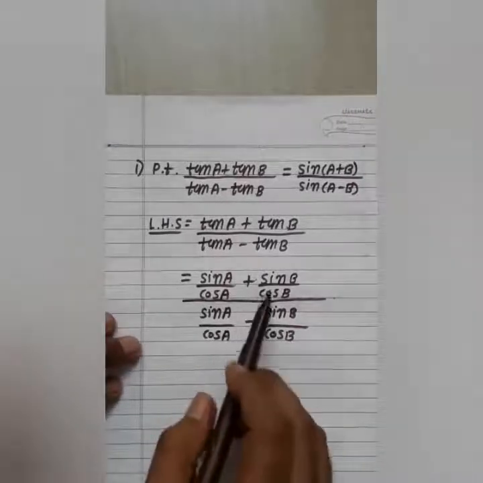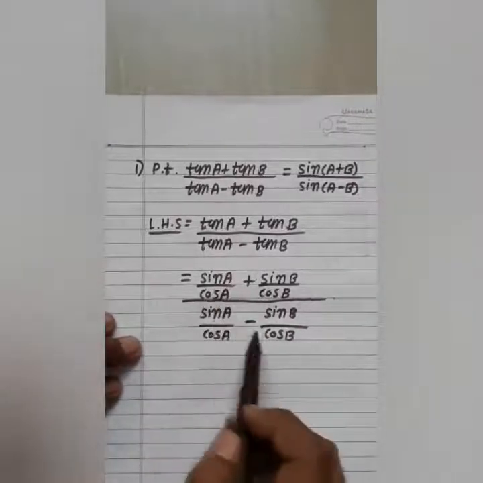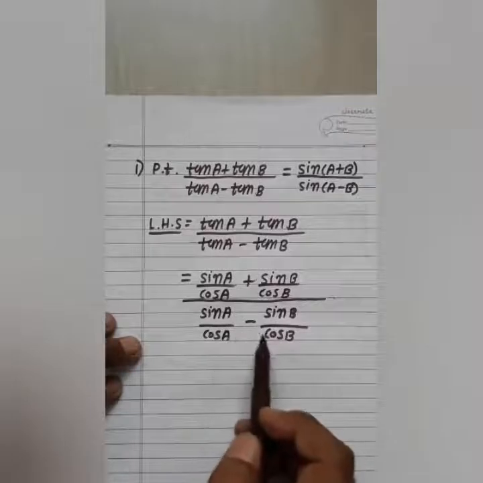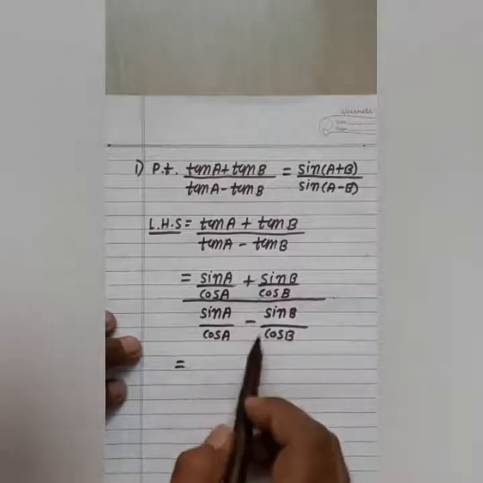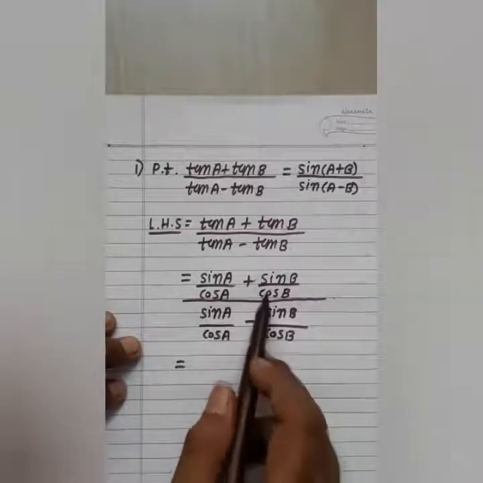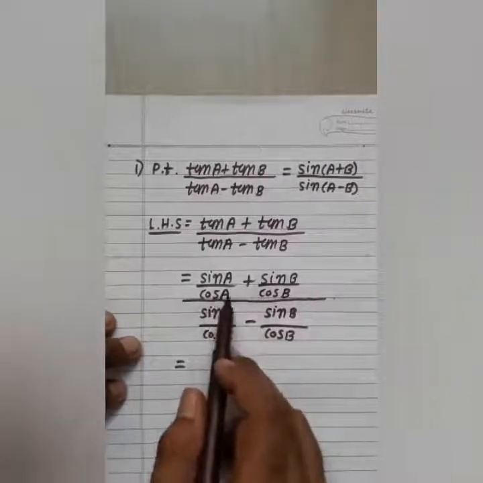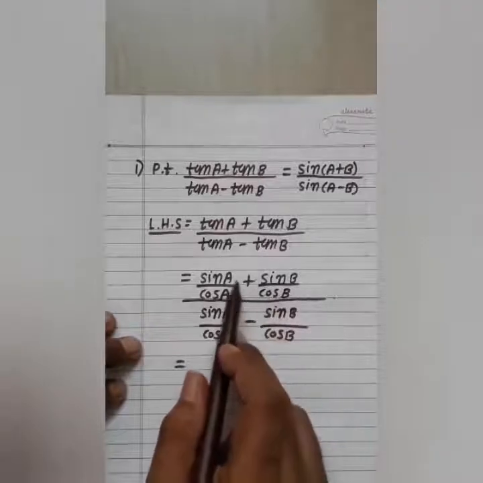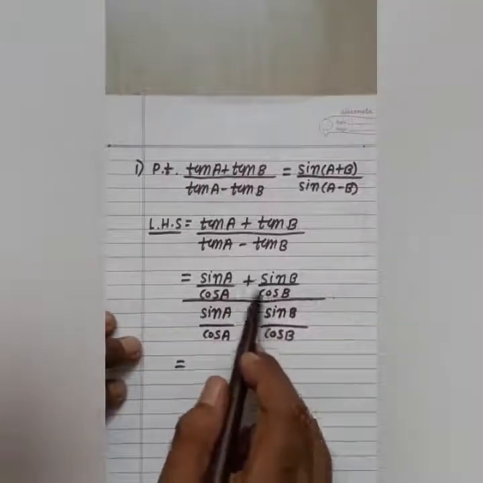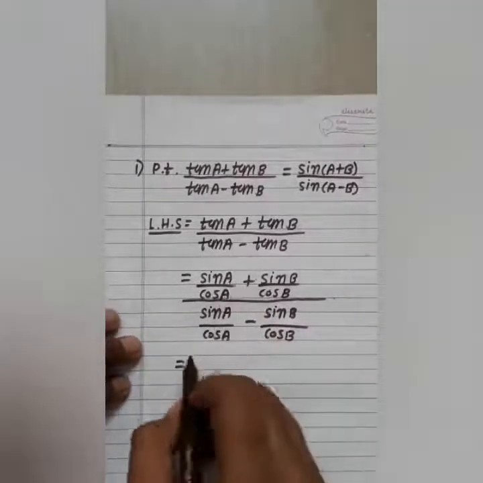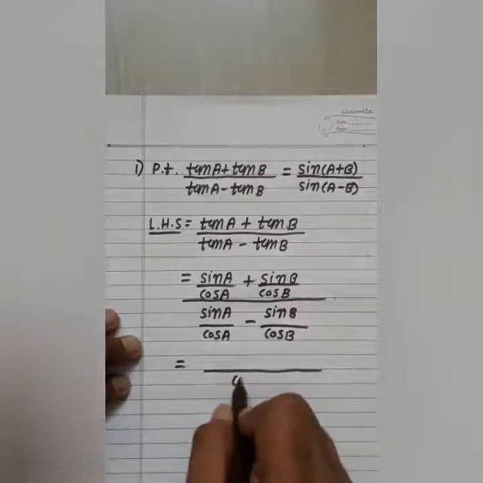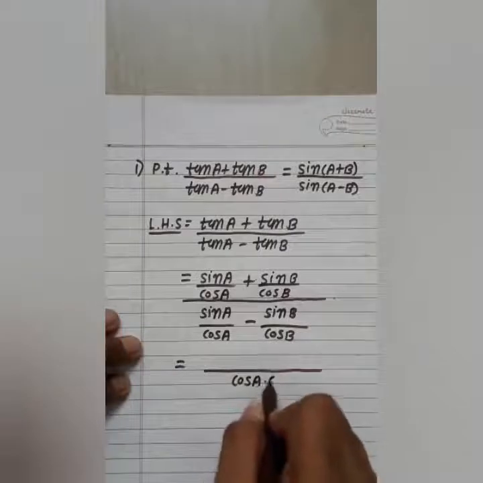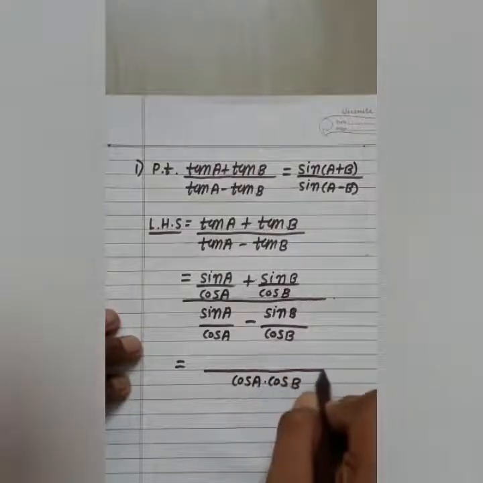Now take the LCM in the numerator and the same LCM in the denominator. In the numerator and denominator the LCM is the same, so our LCM is cos a into cos b. Cos b is not present here, so multiply sin a into cos b.